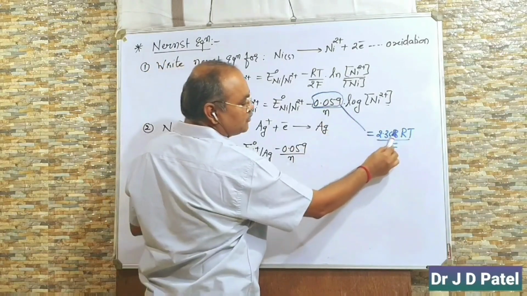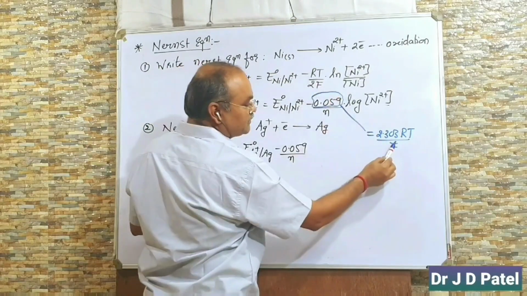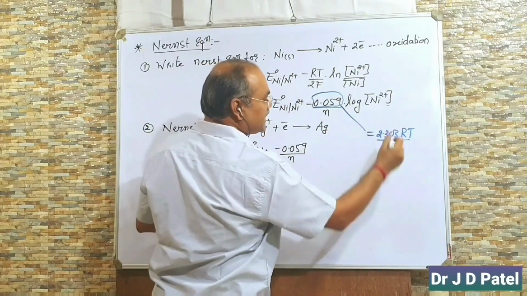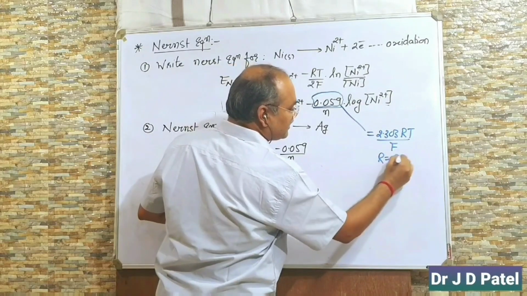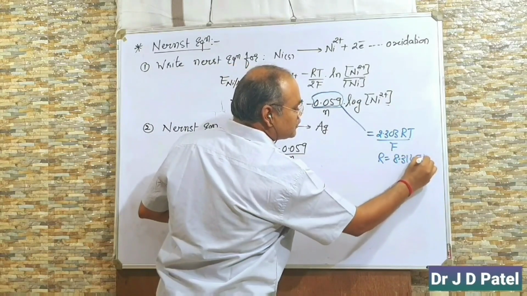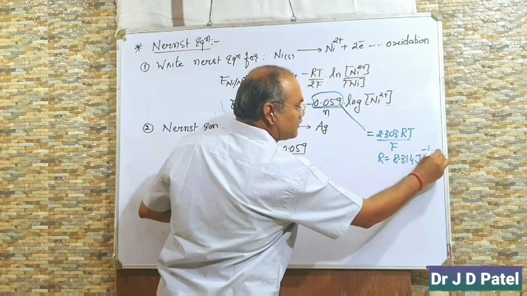If you put all these values, where R is 8.314 joule per Kelvin per mole, so this also you have to remember, right?